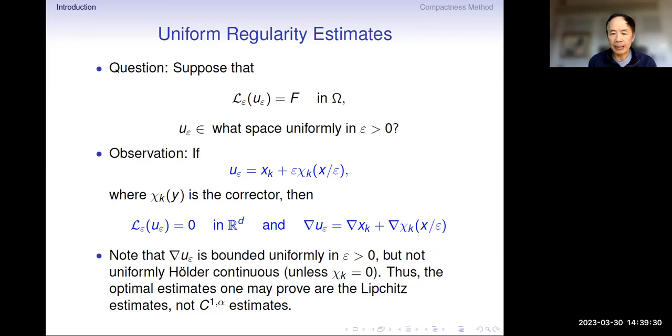Lipschitz meaning that the gradient of the solution is uniformly bounded. We cannot expect C^{1,alpha} estimate. Although I mentioned C^{1,alpha} large scale, but that has to be interpreted by subtracting the appropriate correctors.